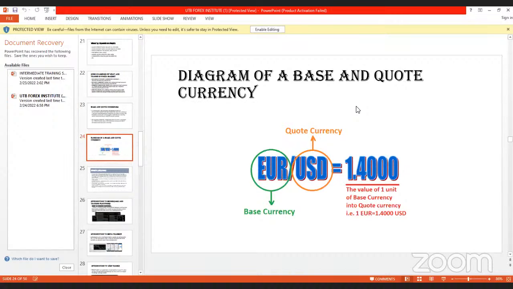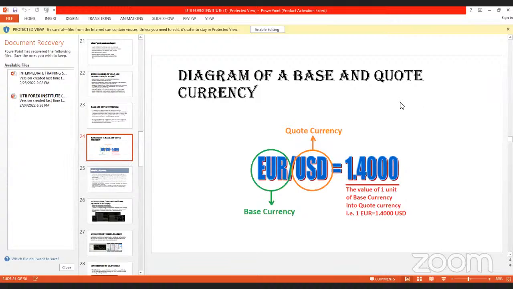Like what we have here, we have Euro to USD. Euro is your base currency and USD is your quote currency. Now the question is, how many units of your quote currency will you need to get 1 unit of your base currency? That's the question. So the chart is represented in the quote currency.